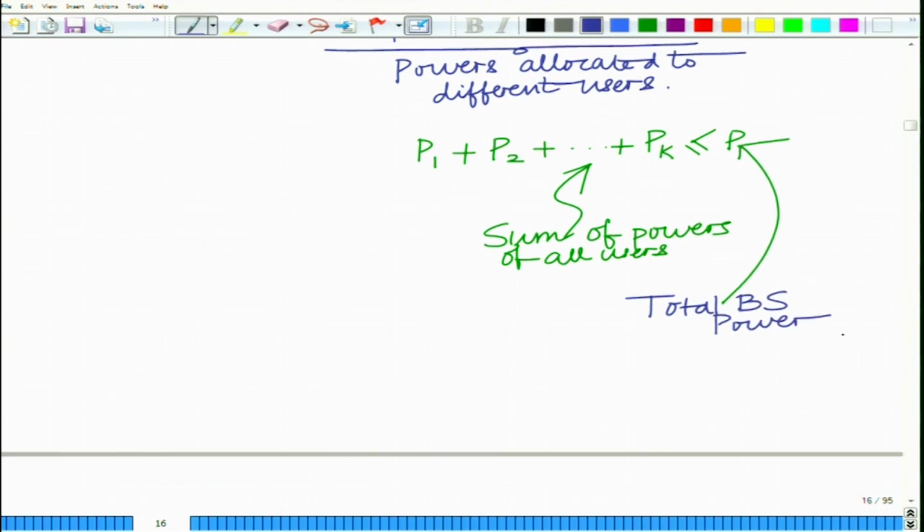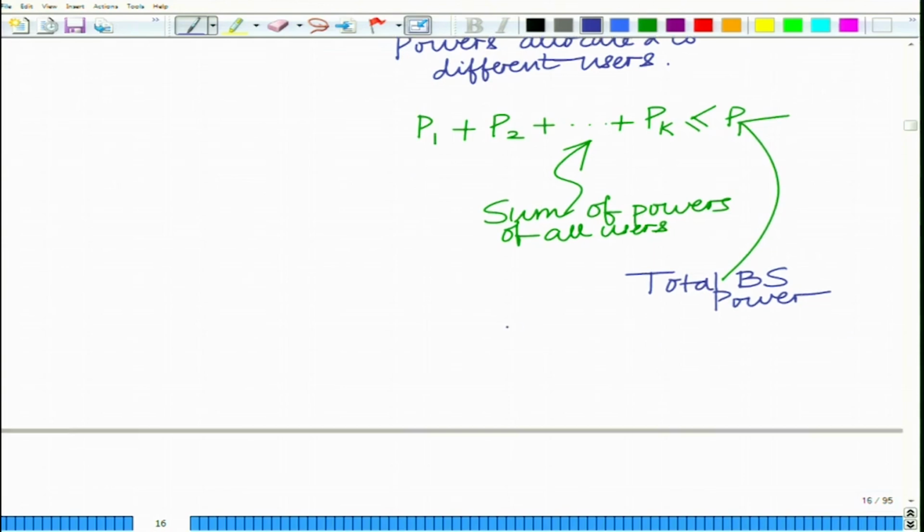So the sum of the powers of all the users, or basically sigma Pi, summation Pi, i equal to 1 to k, has to be less than or equal to P.